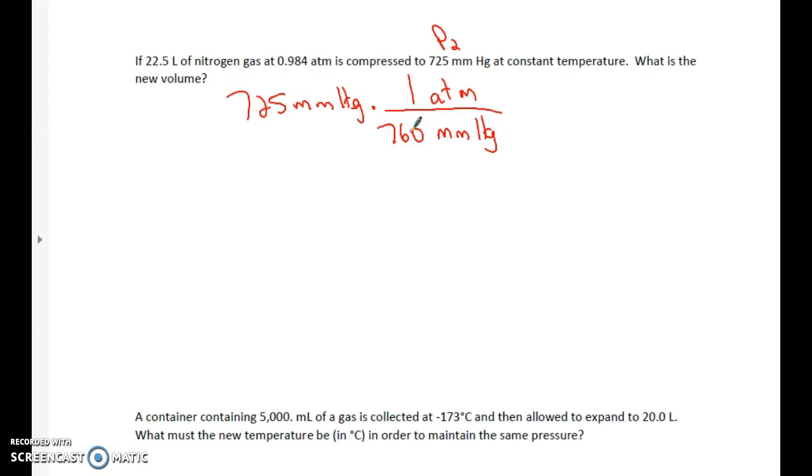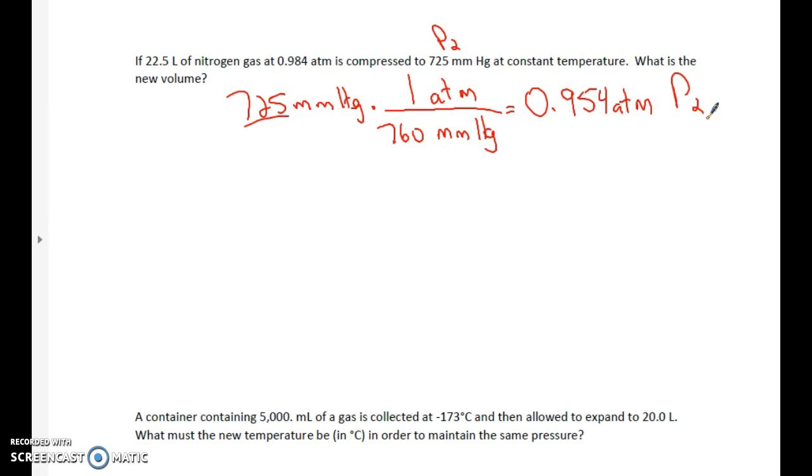Again, using an equality for the conversion factor, 760 millimeters of mercury is 1 atmosphere. Since I start off with millimeters of mercury, I need millimeters of mercury on the bottom. So when I do that conversion, that becomes 0.954 atmospheres, rounded off to be 3 significant digits. So this is what I'll use for P2.